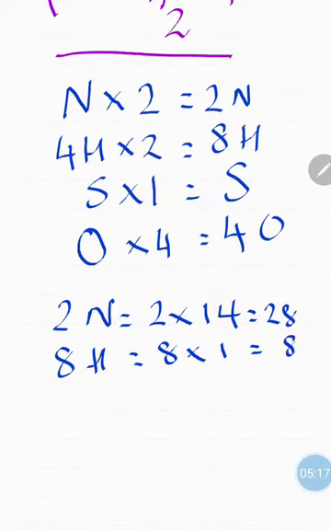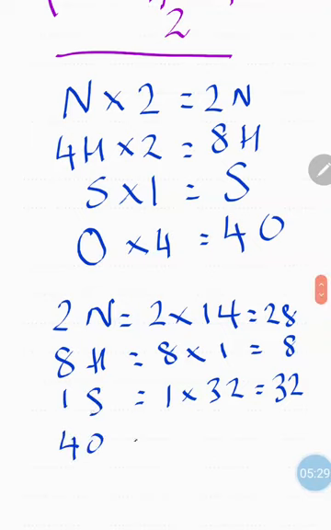We have 1 sulfur. So that's 1 times 32. And we've got 4 oxygens, which is 4 times 16, that's 64.